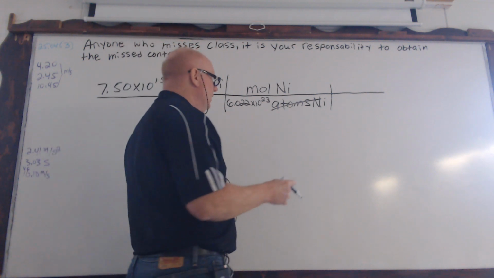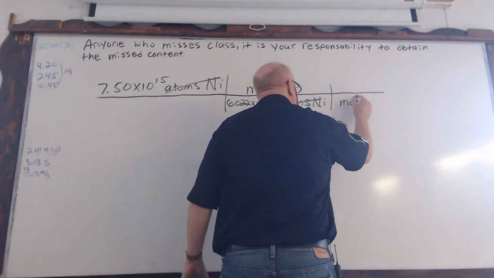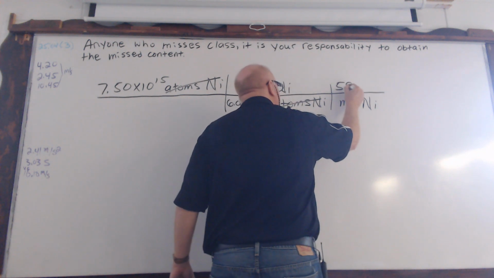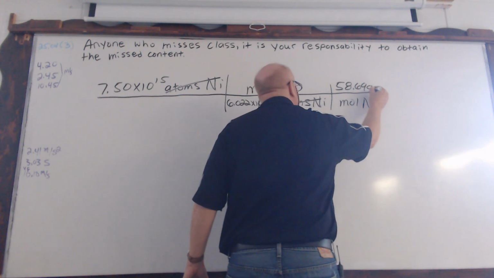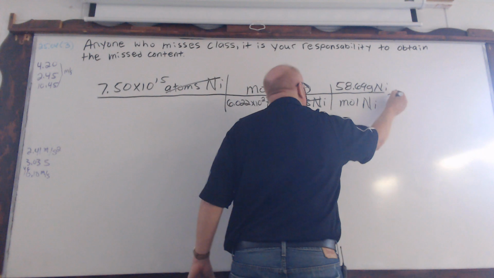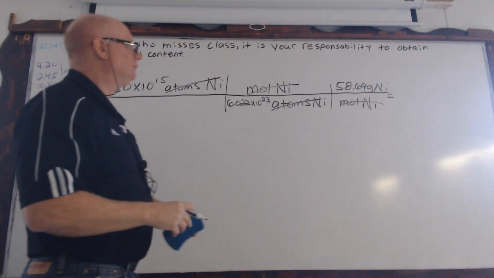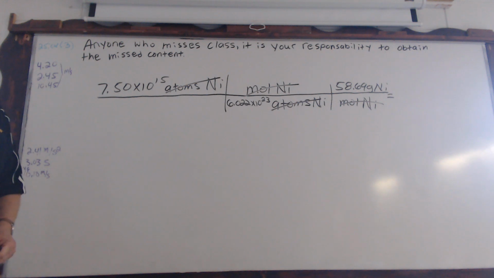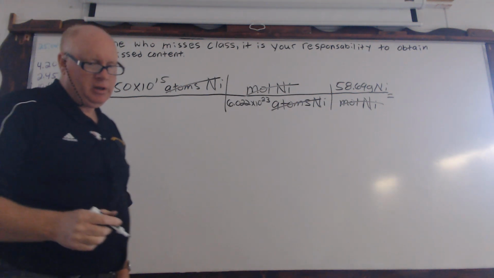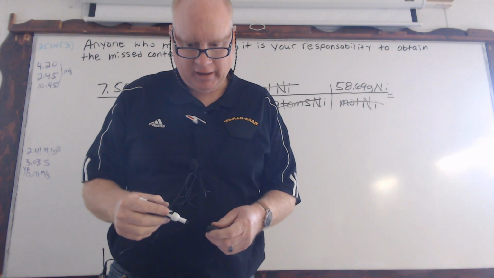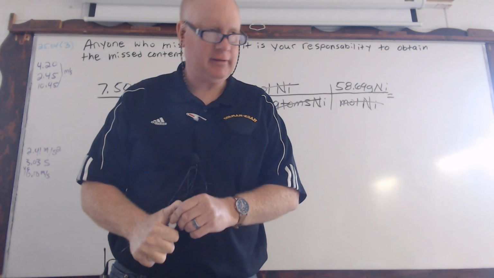Right, because for every mole of nickel, you have 58.69 grams of nickel. Those are gone now. Okay? So there is your 3-step problem, and we should get 7.3 times 10 to the negative 7th.